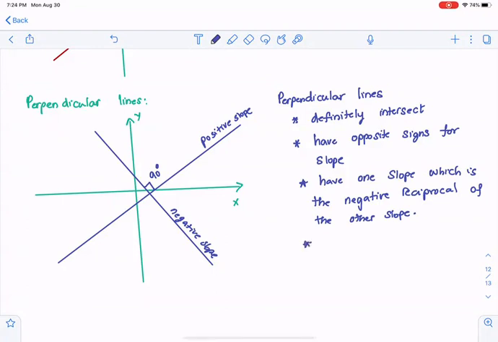And can they have the same y-intercept? How so?